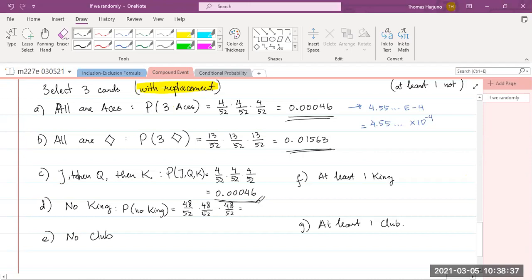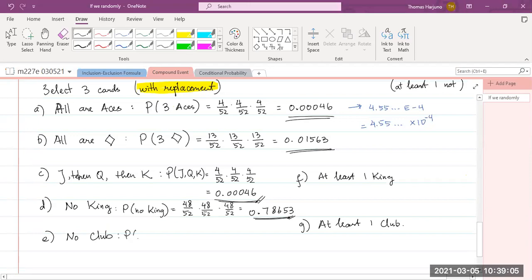So that will be 0.78657. Let me round it to 3.